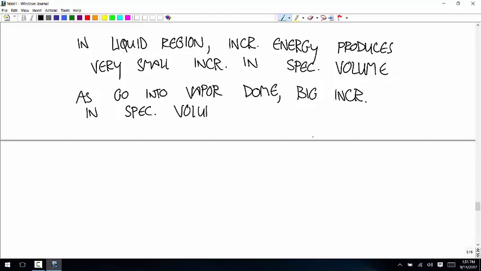And in fact, in the vapor dome, the temperature stays constant as you add energy. It's sort of a weird thing, but that's what happens with phase change, while the temperature stays constant.